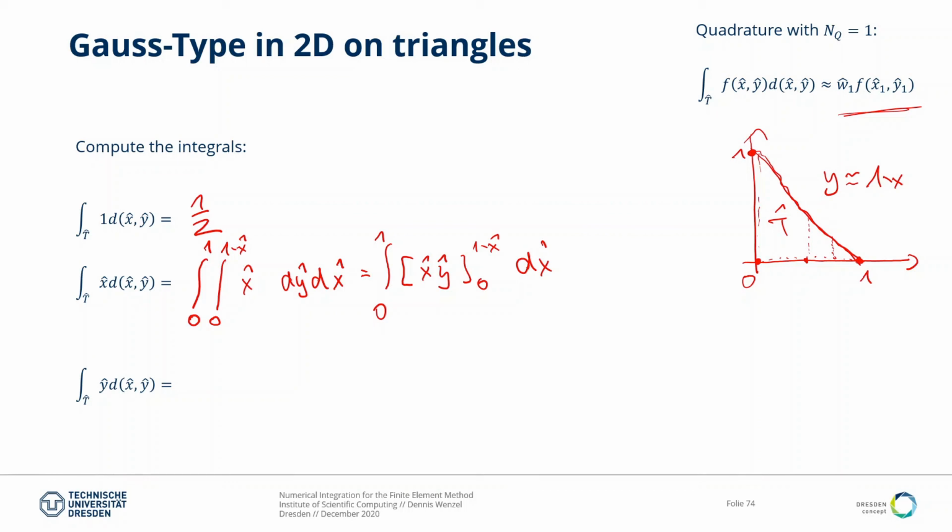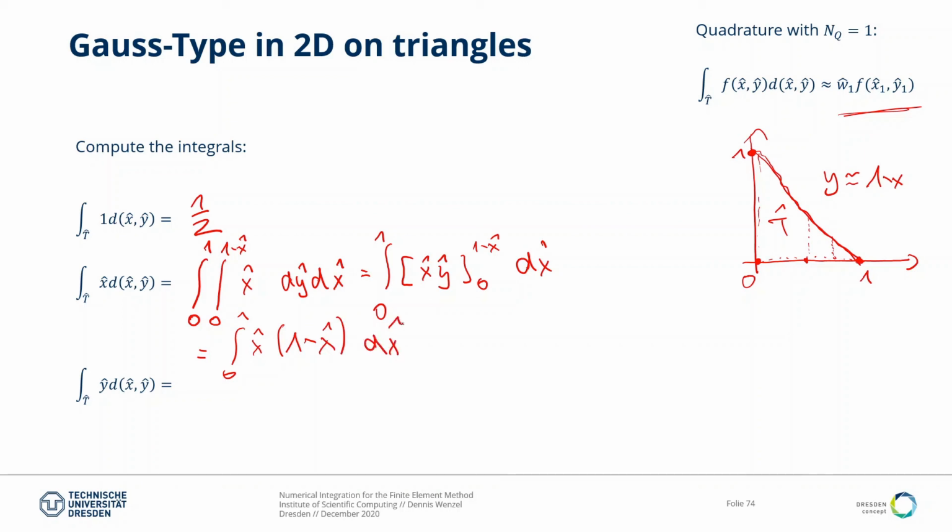Now I have to insert those values of the boundaries into my primitive. I still have an integral from 0 to 1, and I set y equal to 1 minus x hat, and y equal to 0. That part with a 0 just vanishes, and the part with the 1 minus x hat gives you this 1 minus x hat part.